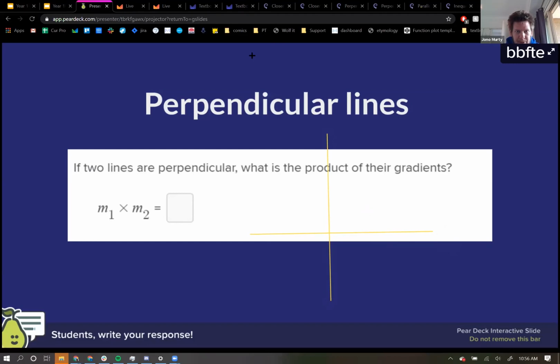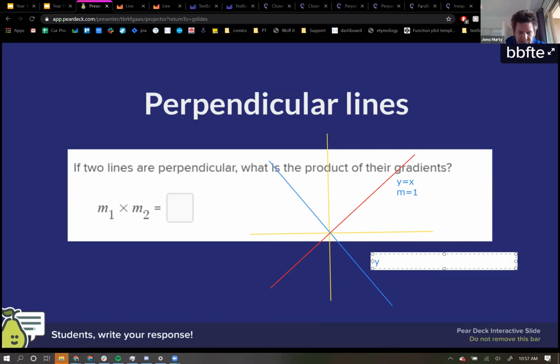If I drew the two most obvious perpendicular lines, I've got my line y equals x, and then I have my line y equals minus x. That's close enough to perpendicular. So if I have y equals x, this means m equals 1.